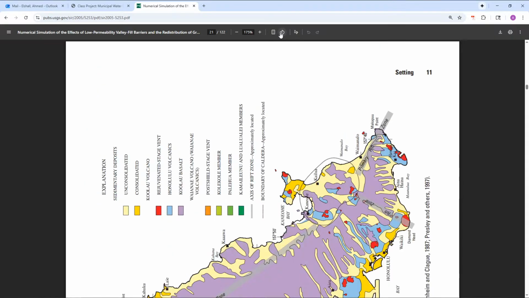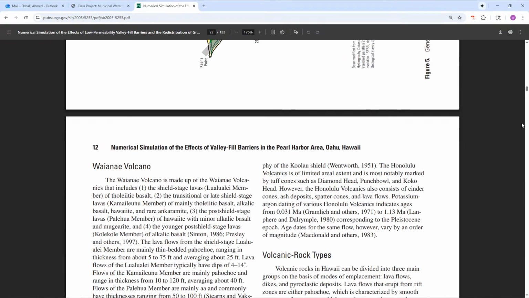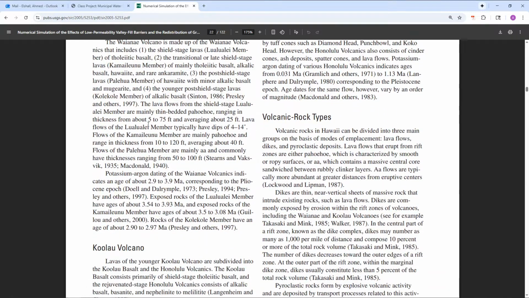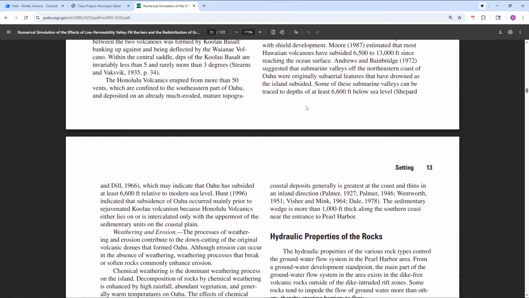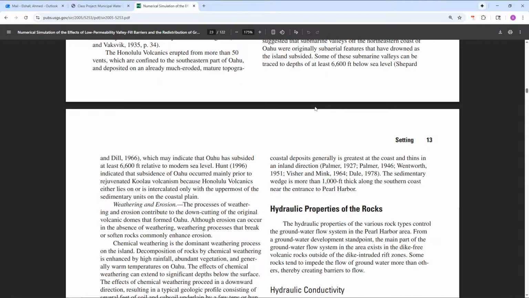What I want to show you is that here they talk about different rock types and their geological modification, and that's part of the purpose of the model.